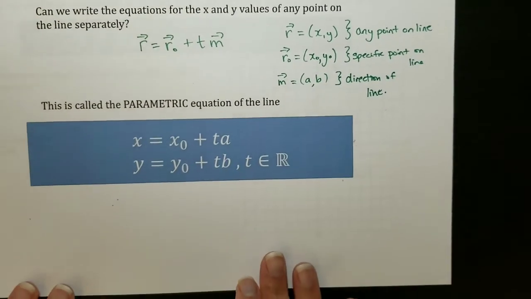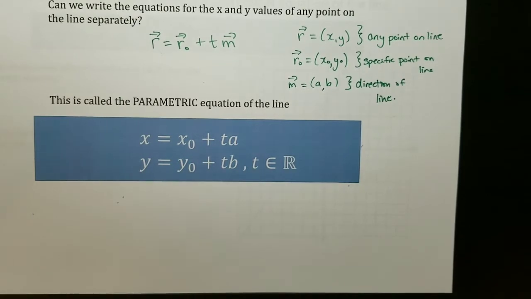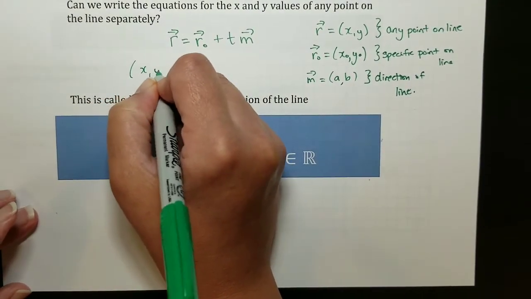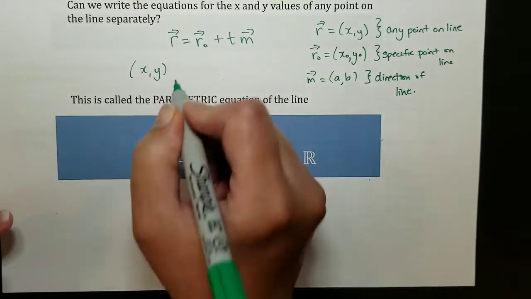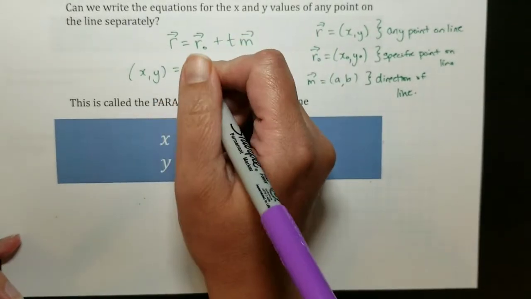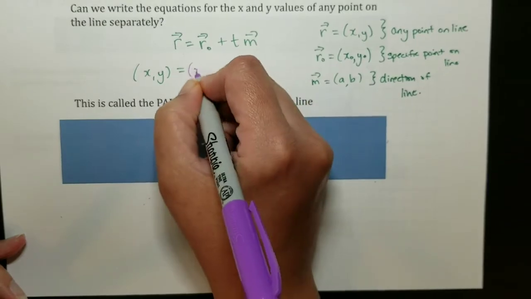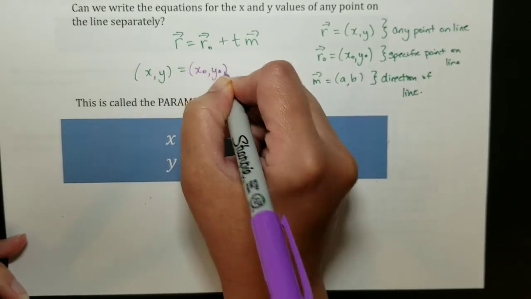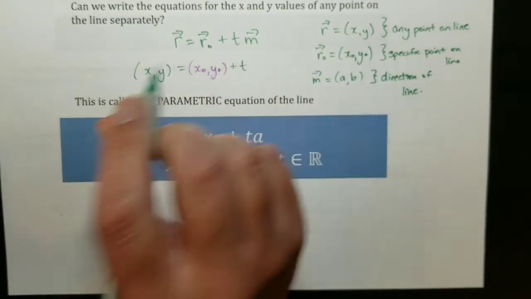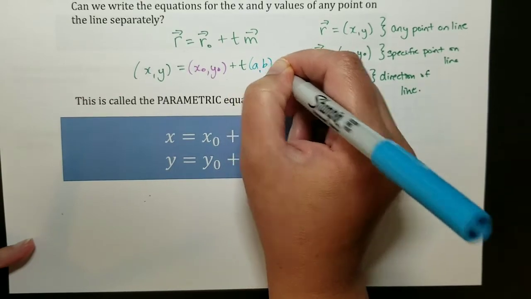So one way of writing this is to kind of break this apart. Instead of having x, y equals, I used purple for this, x naught, y naught plus t, and then this was our direction vector a, b.